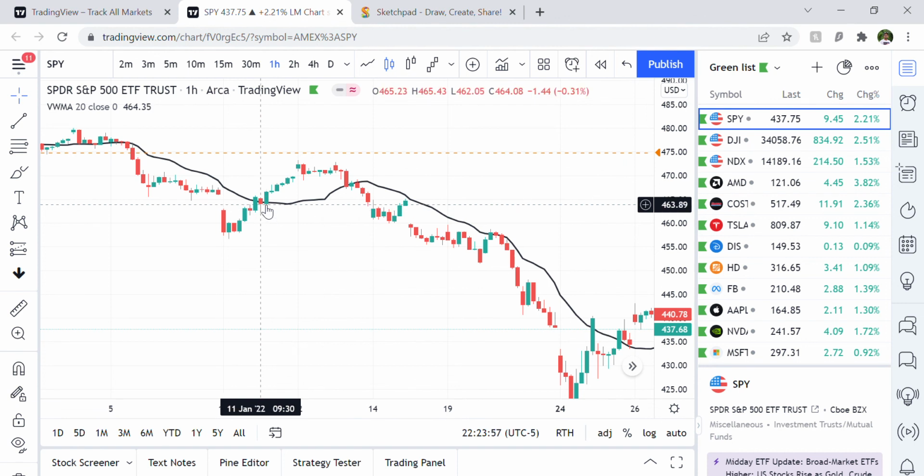Next day you see that this particular candle on 11th January, the red candle, as you can see, it closed below VWMA. But it was not enough. The VWMA value will show here and the close value will show here. So you can see that the closing was 464 and VWMA is also around 464.3, so there was not a $2 gap. Let's take the next candle, which is a green candle.